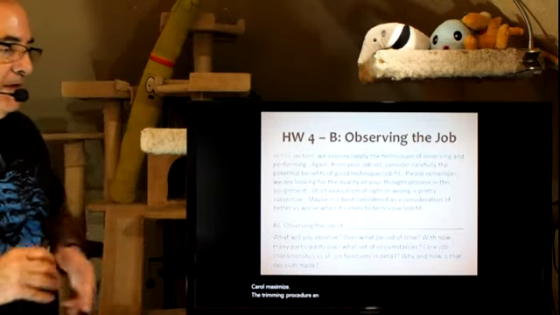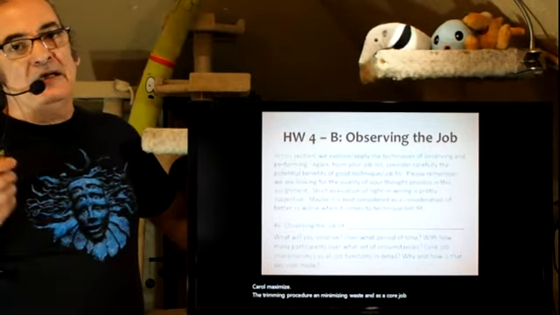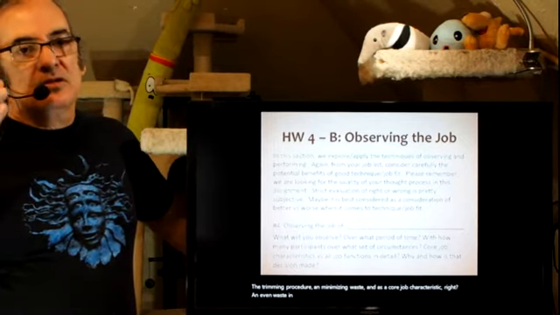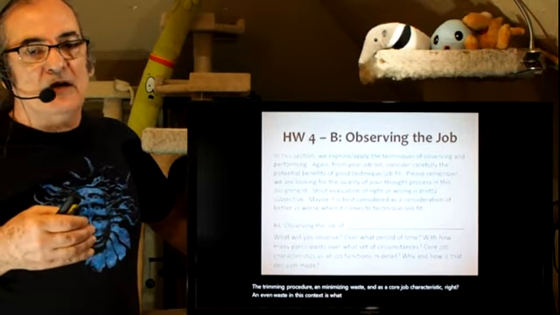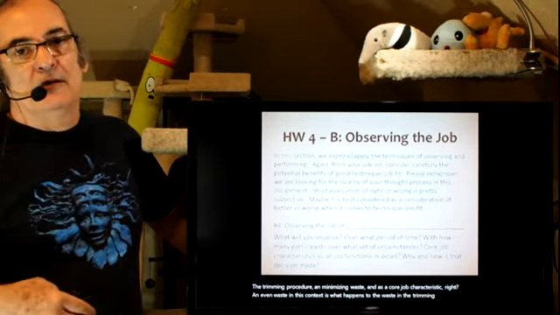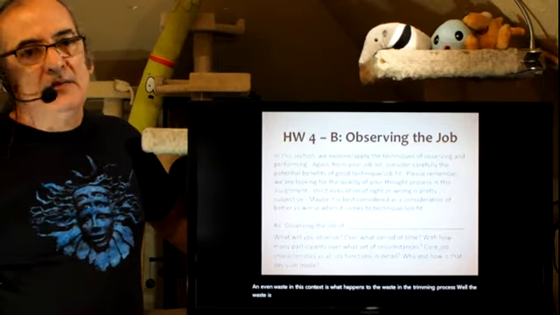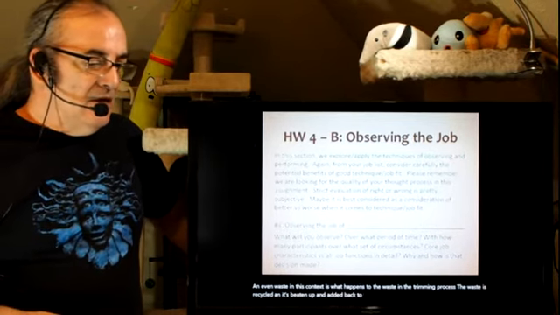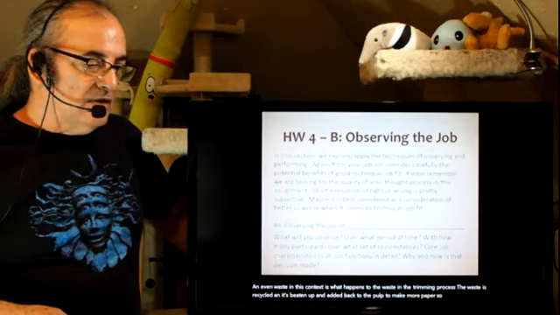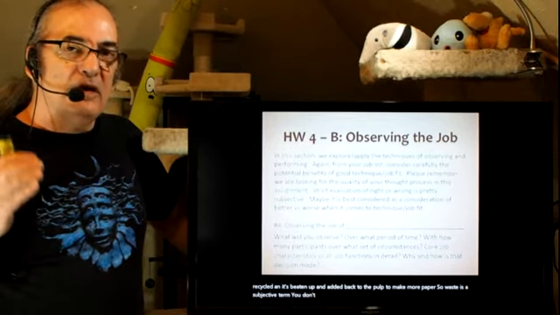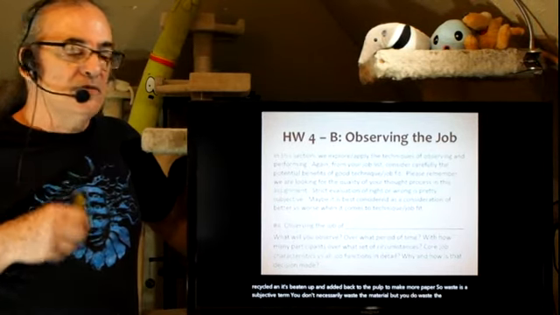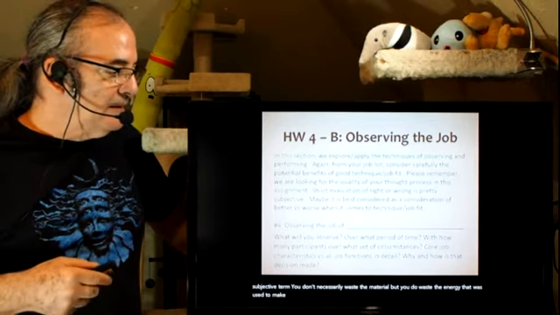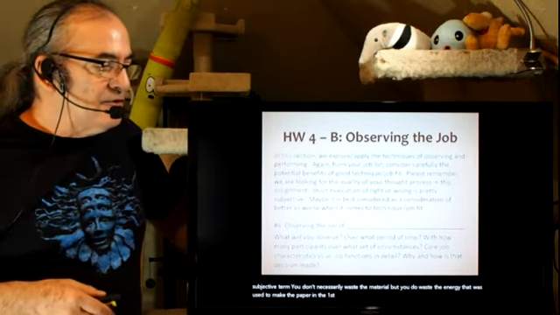And that's a core job characteristic. And even waste in this context is what happens to the waste in the trimming process. Well, the waste is recycled and it's beaten up and added back to the pulp to make more paper. So waste is a subjective term. You don't necessarily waste the material, but you do waste the energy that was used to make the paper in the first place. And how and why are these decisions made?